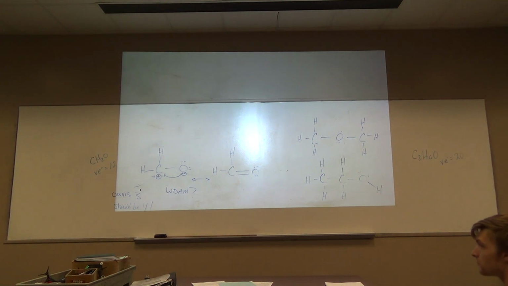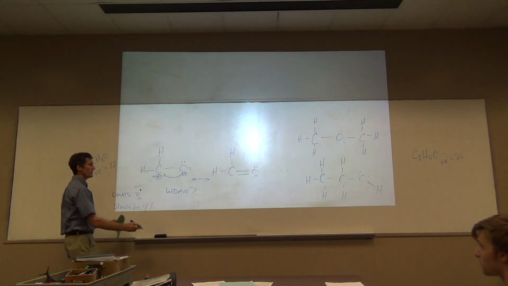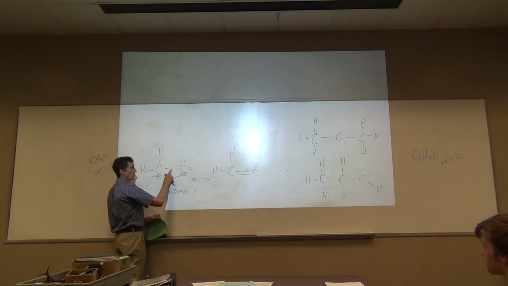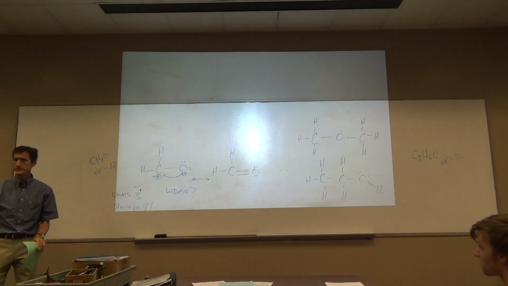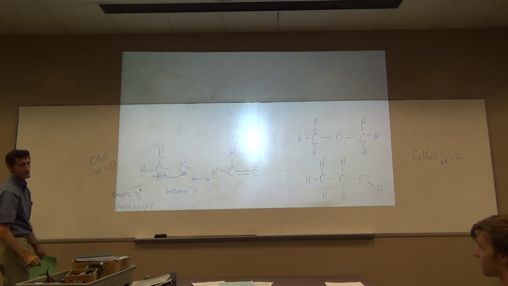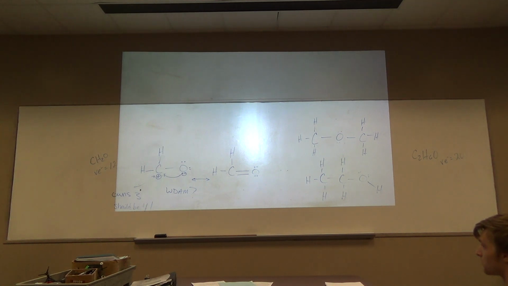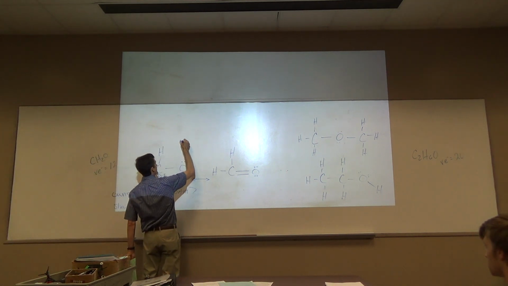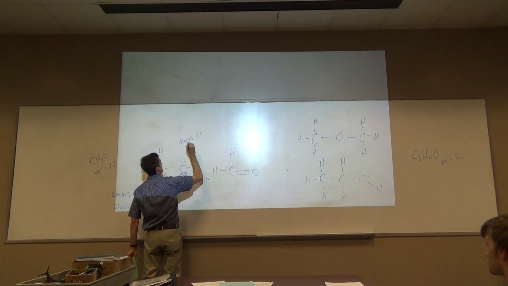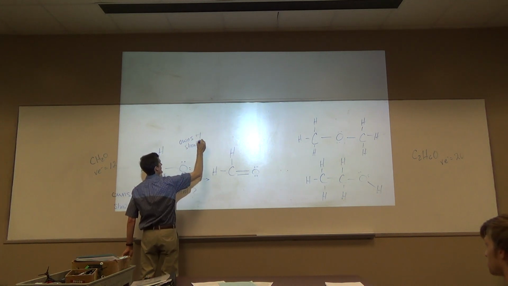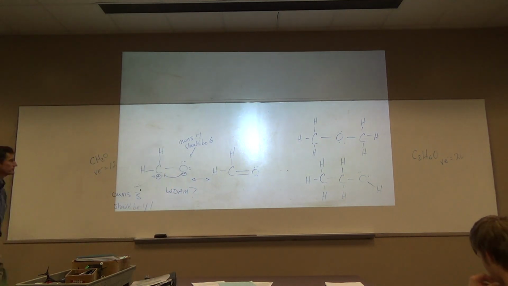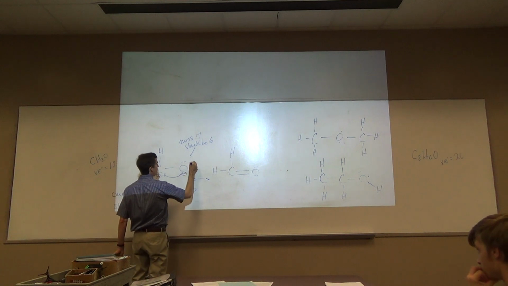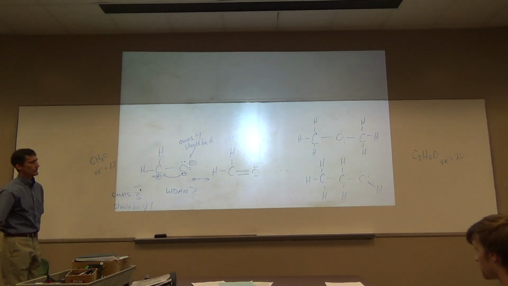Charge of the oxygen in that structure. How many does it own? It owns its lone pairs, 2, 4, 6, plus one of these, because the other one was originally owned by the carbon. So how many does the oxygen own? 7. How many is it supposed to own? 6. Periodic table says 6. It's got an extra electron. So what's its charge? Negative 1. We don't have to show 1.